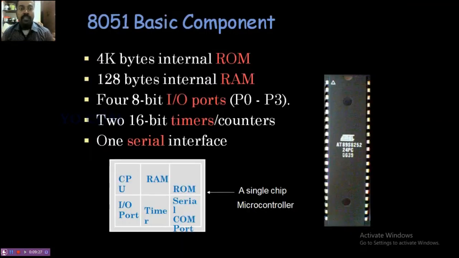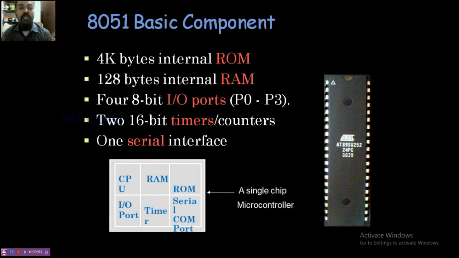Next, the basic components. The microcontroller is 8051. It is an 8-bit microcontroller. The 8086 microprocessor is a 16-bit microprocessor, but the 8051 microcontroller is 8-bit. The inbuilt ROM is 4 kilobytes.